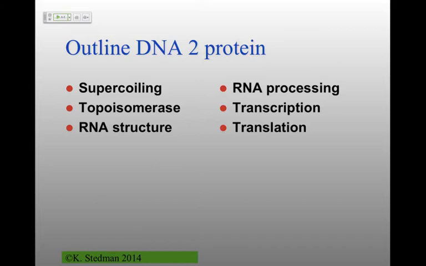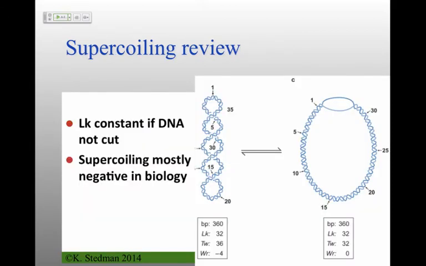Then we'll talk a little bit about RNA processing. This is just messenger RNA processing. We'll talk a lot more about this later on in the class. Same thing is true for transcription. Translation we'll probably mostly end up covering on Friday, but we'll start a little bit with that today.